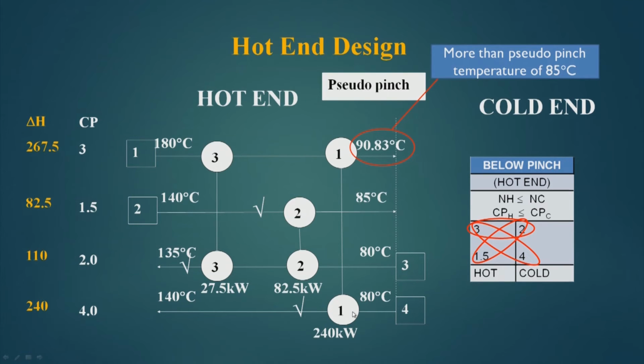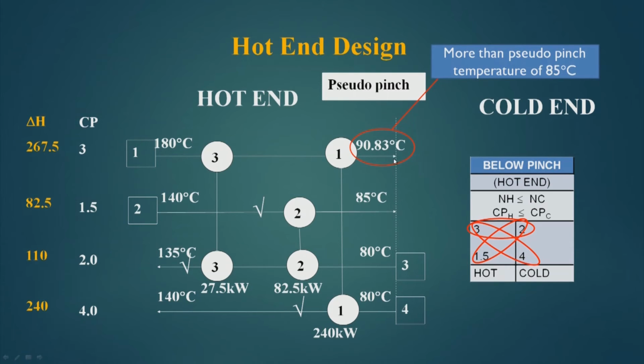So, if I add 240 with 27.5, this comes out to be 267.5. So, it will pass only 267.5 kilowatt to these cold streams, and the remaining 17.5 kilowatt will be passed to the cold end, and hence it will not cool down to 85 degree centigrade here, it will cool down to 90.83 degree centigrade.